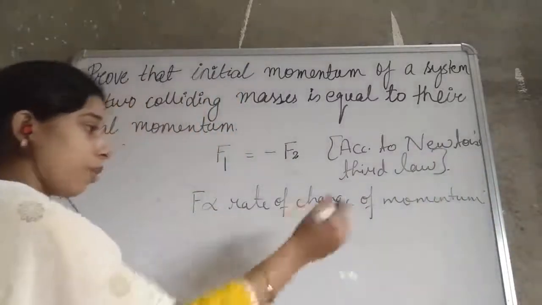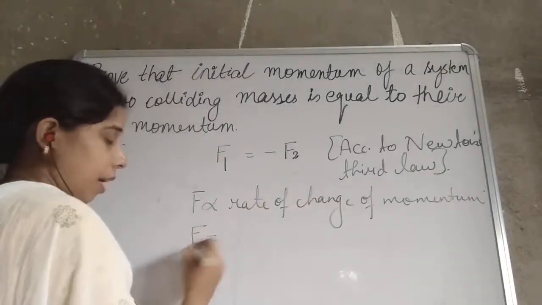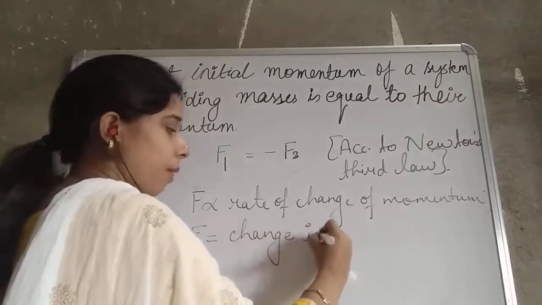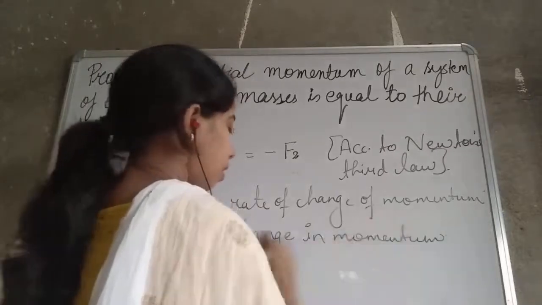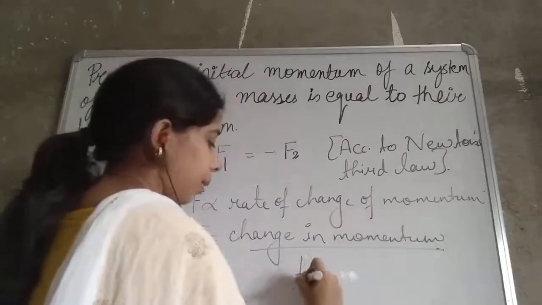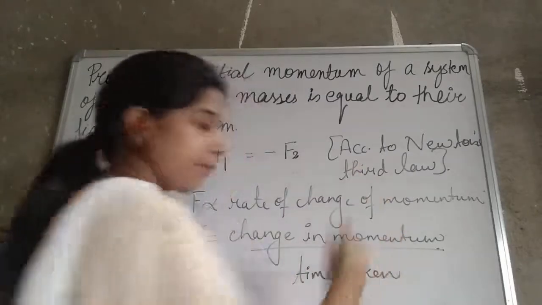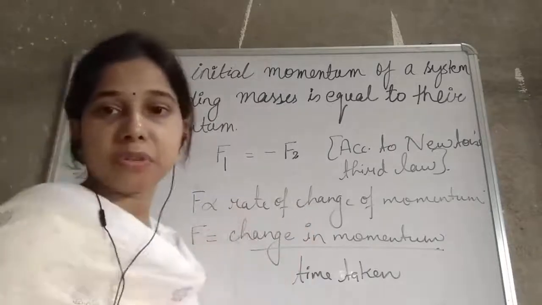F is equal to change in momentum upon time taken, that is the rate of change of momentum.